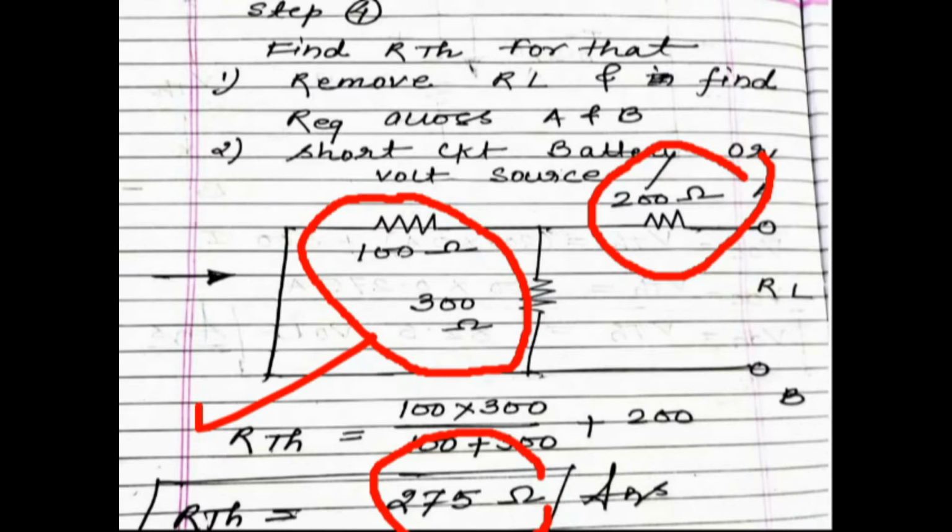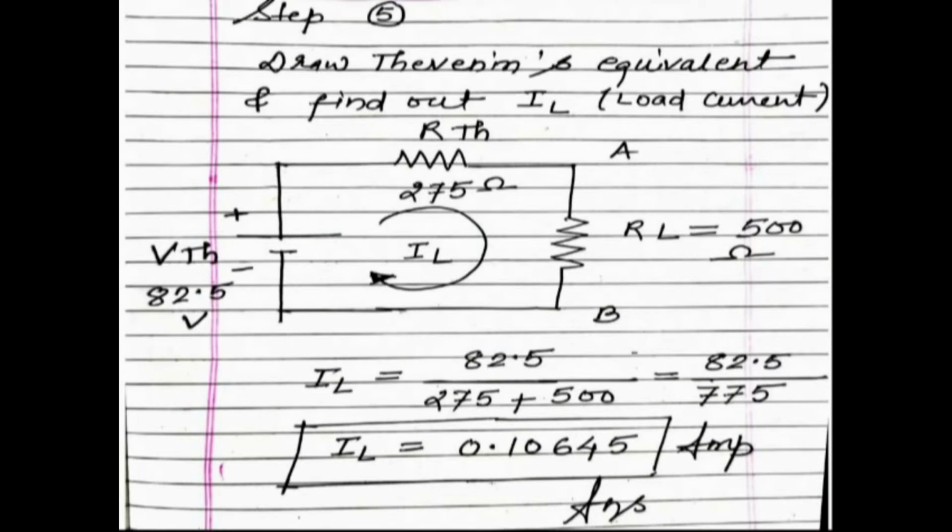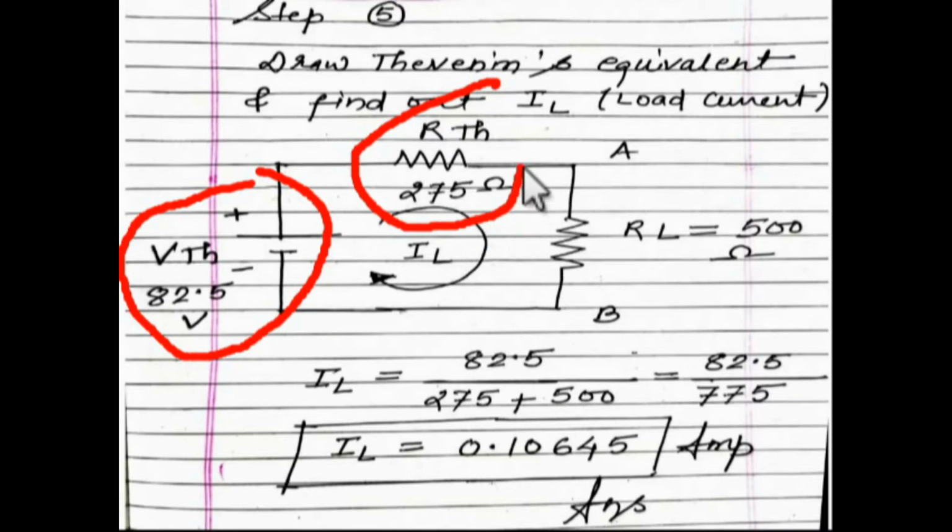Now guys, we have to draw the equivalent diagram. Finally, step number 5: draw the equivalent diagram. Place VTH like here, then connect RTH in series with the VTH, like it is already drawn in the circuit, and then connect the load resistance again across these two terminals A and B. And now the final step is to find the load current flowing through this load resistance in this circuit.